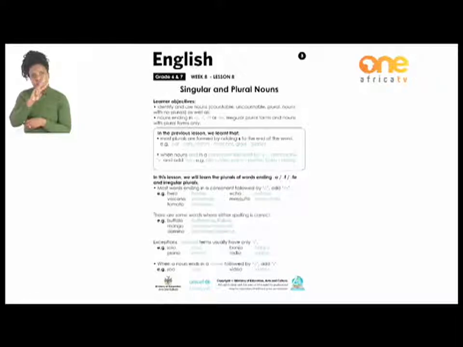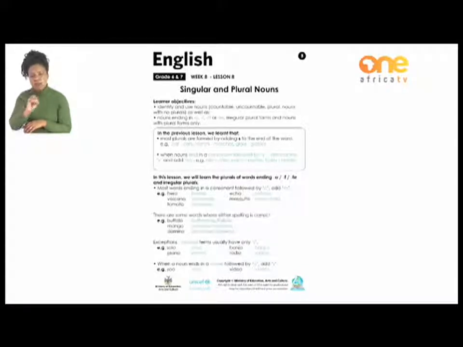In other words, you can either add an S or you add ES. For example, buffalo, it's buffalos with an S or buffaloes with ES. Mango, mangos or mangoes. Domino, dominos or dominoes.